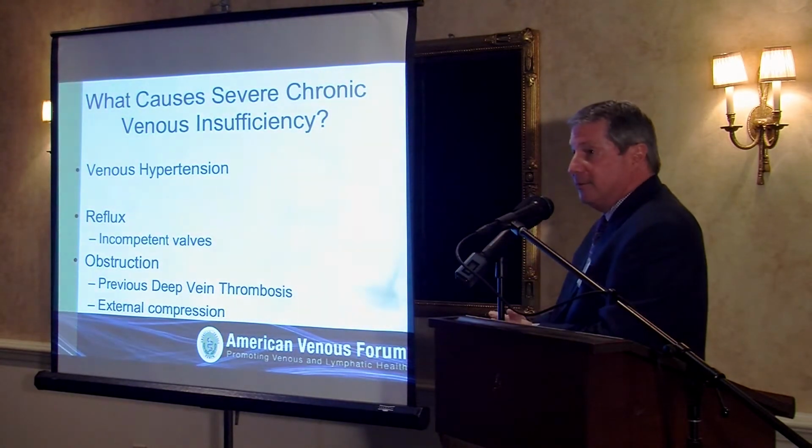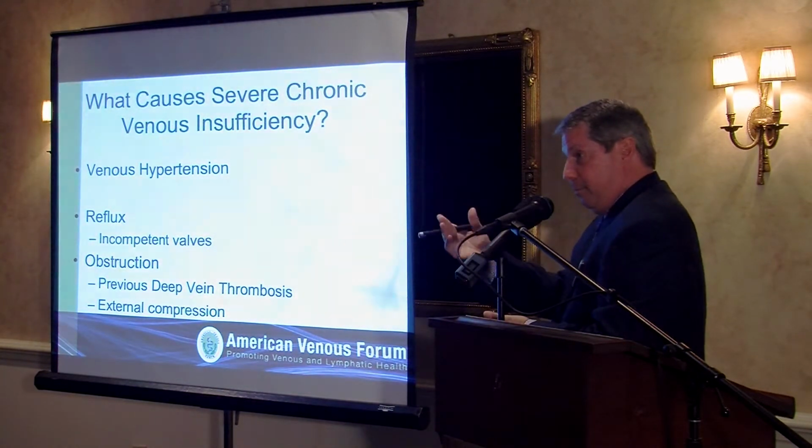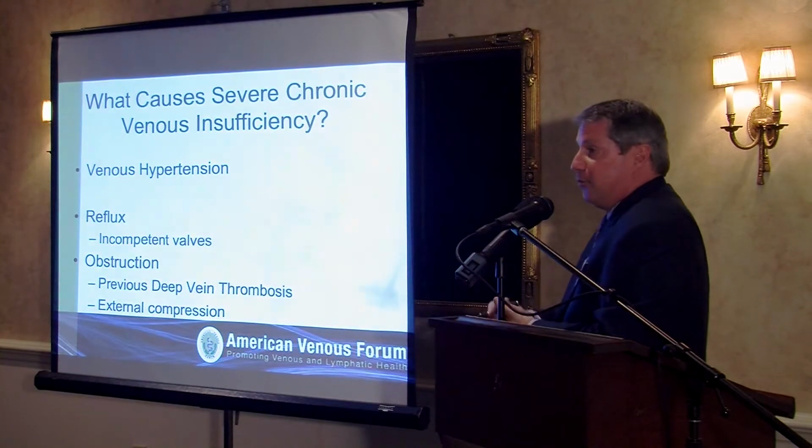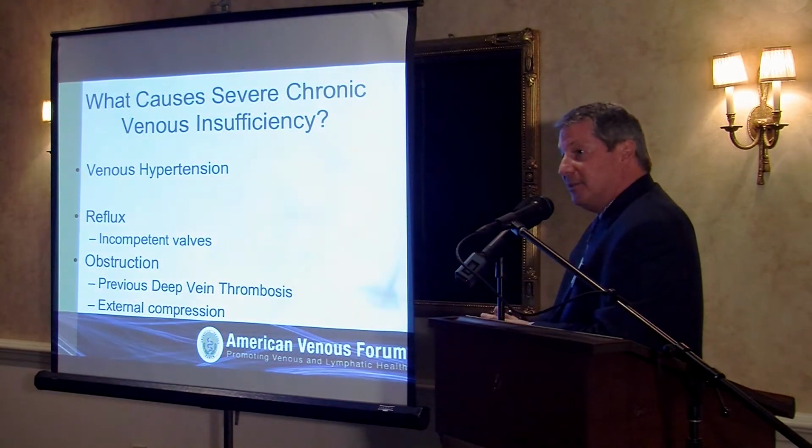Or if there's obstruction due to a previous deep vein thrombosis blocking the vein, or external compression such as May-Thurner syndrome, that increases the pressure. And so the red blood cells leak out, they break down, they leave the hemosiderin and stain the skin brown. The white cells leak out, and that causes the inflammation and the lipodermatosclerosis. So the underlying cause is venous hypertension, and that's what we try to do when we treat these patients, to somehow lower the venous hypertension.